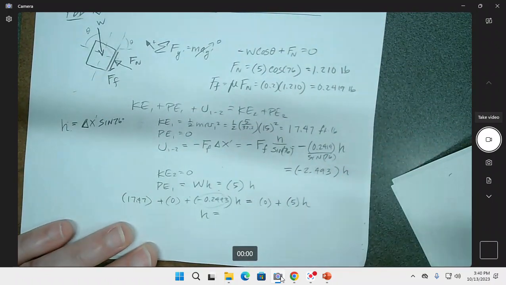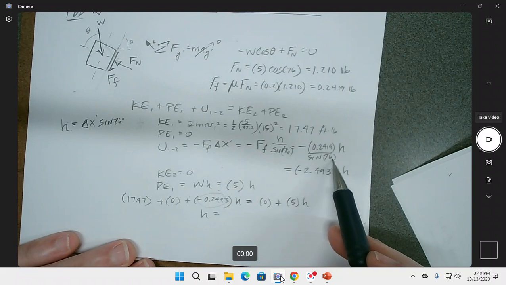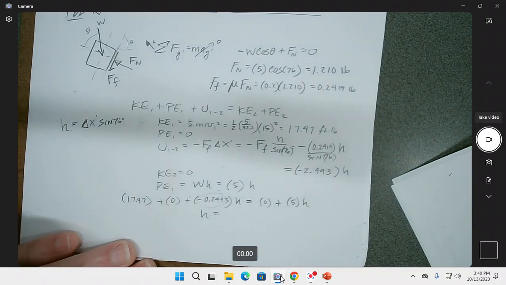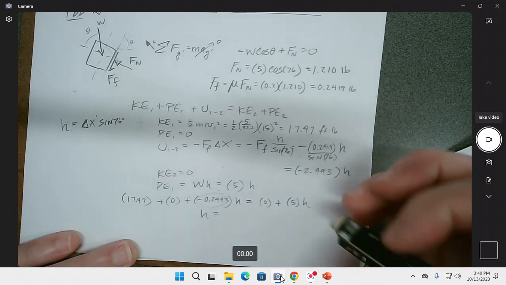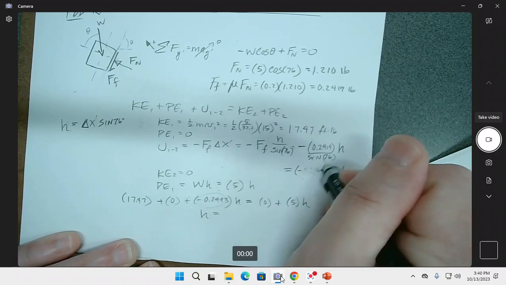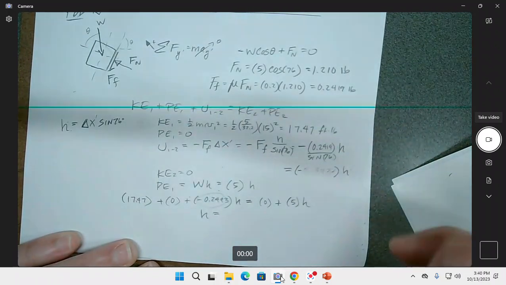I think that's correct. Let me just double check my numbers, I'm sorry. 0.2419, 76. Yeah, that should have been right. What happened?